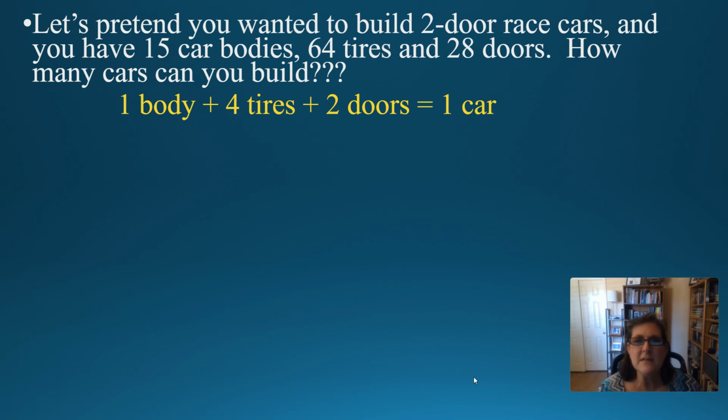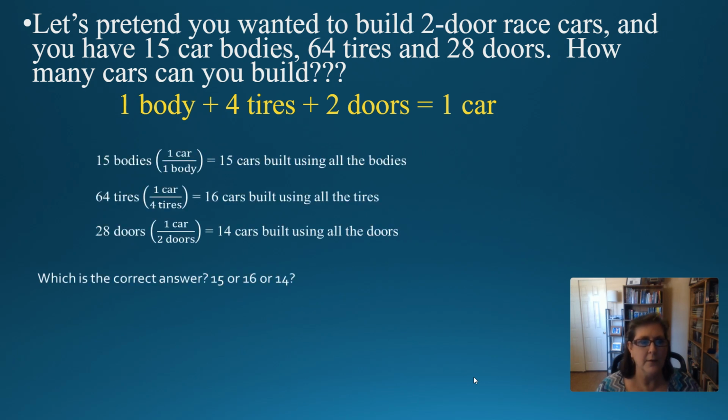There's a mathematical way to go about this. We're going to start with each of our ingredients and convert to cars. We have 15 car bodies. How many bodies do you need to make a car? Just one, a one car to one body ratio. So we can build 15 cars based on the bodies.